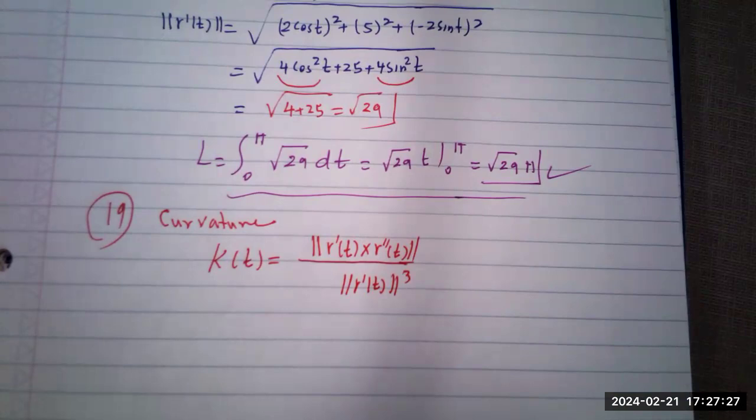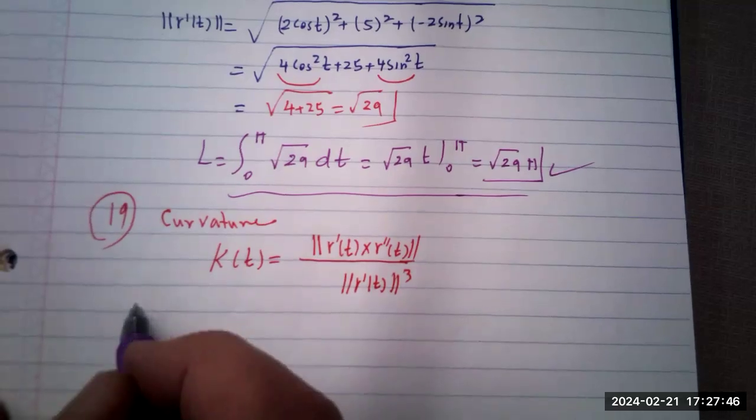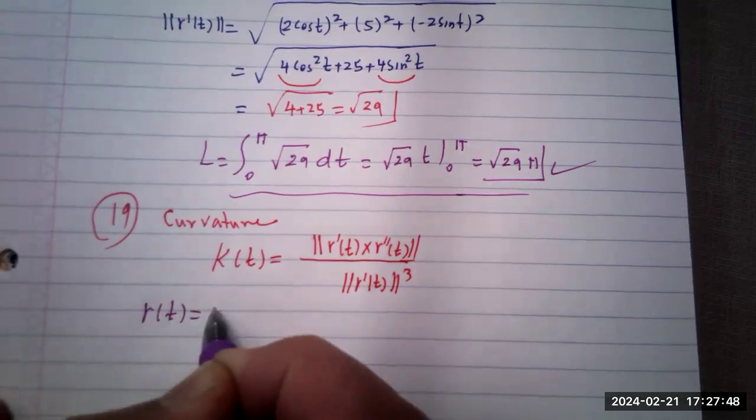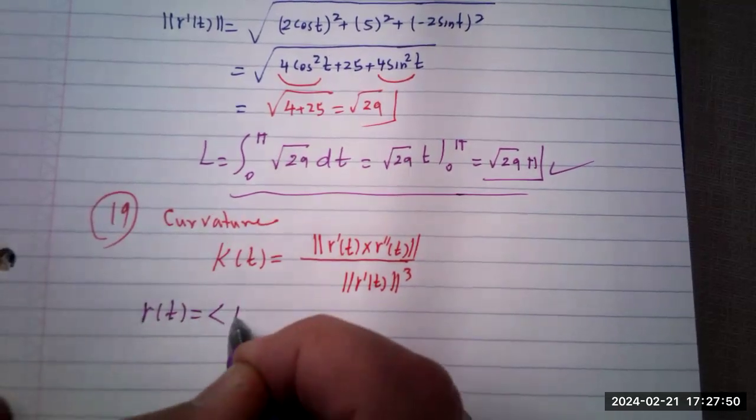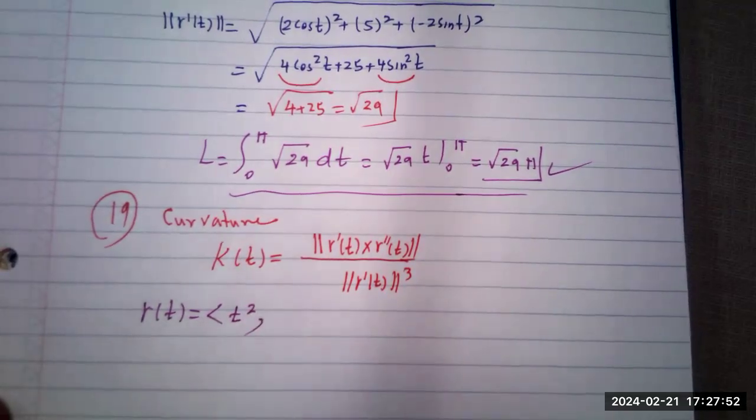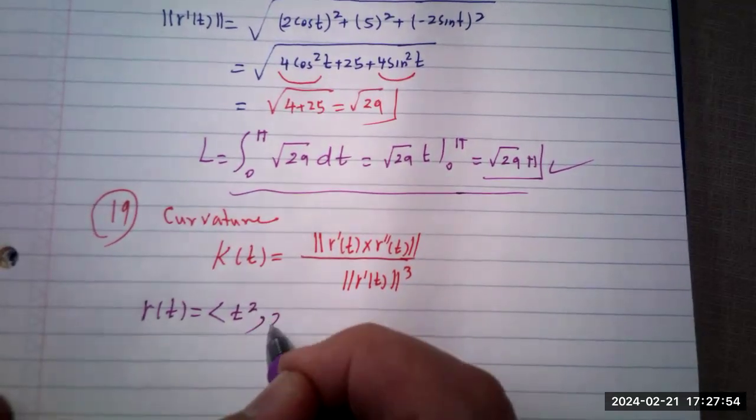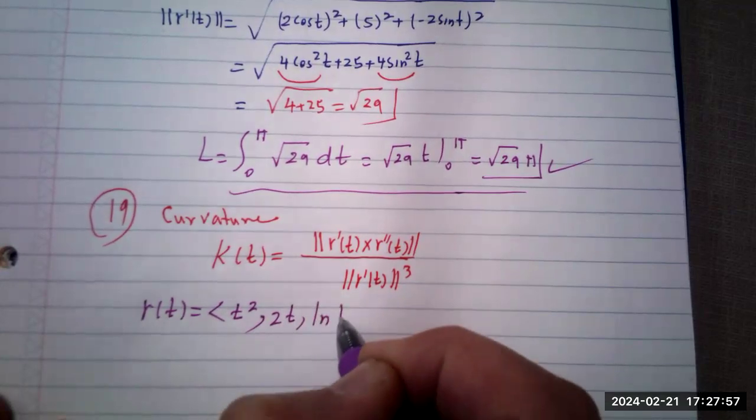So let's use the standard formula. We give you one straightforward question, two-dimensional or three-dimensional. So let's try. What is this one? I try the part r of t equal to t squared, 2t, ln t.